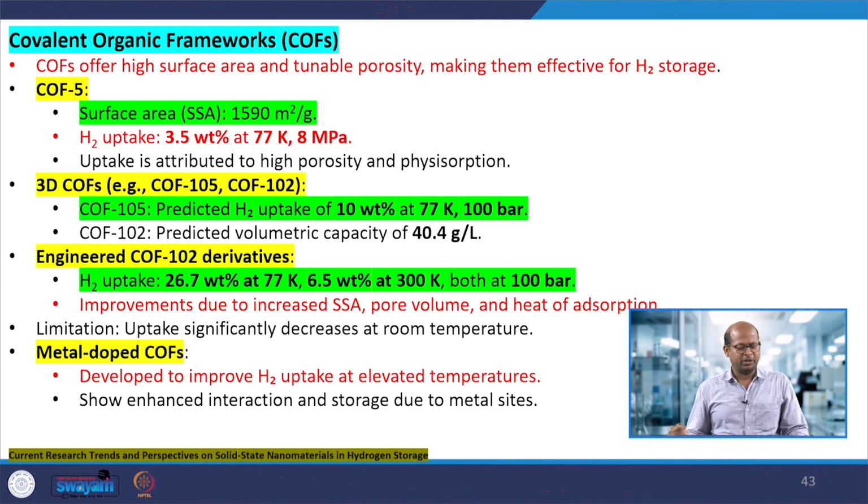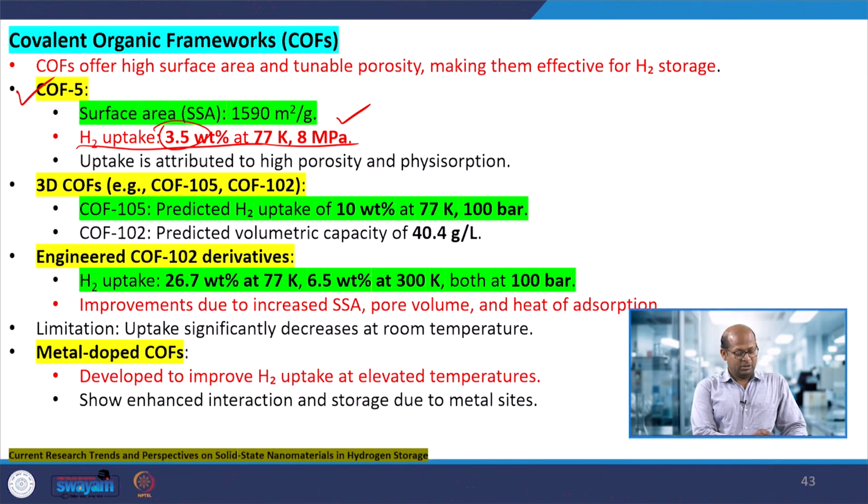Covalent organic frameworks can also be used as hydrogen storage materials. Here COF-5 can store hydrogen 3.58% at 77 kelvins and 80 bar pressure. So a good amount of hydrogen can be stored, although we have to use very low temperatures.